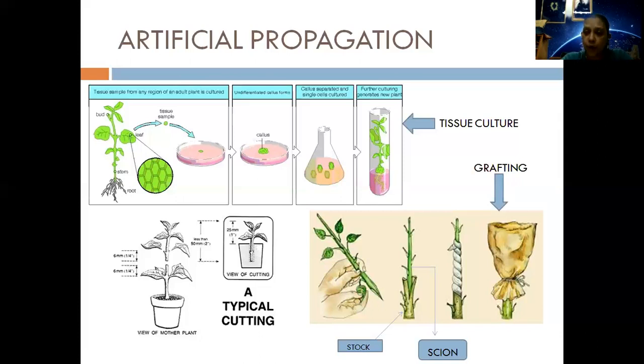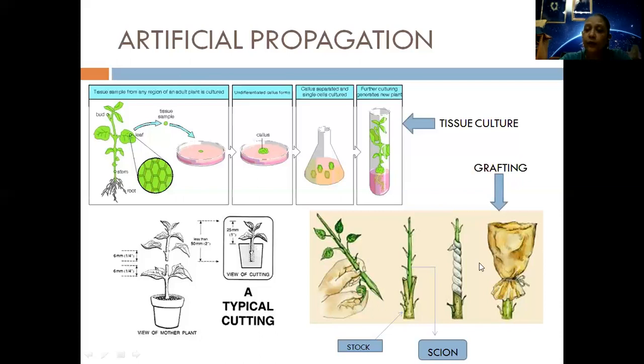So say you want to mix red with white. We will take one stock, say a white rose, and the scion from a red rose, and we put it together and then tie it. You might have seen the tying process there, right? We keep it absolutely moist and then we allow it to grow.